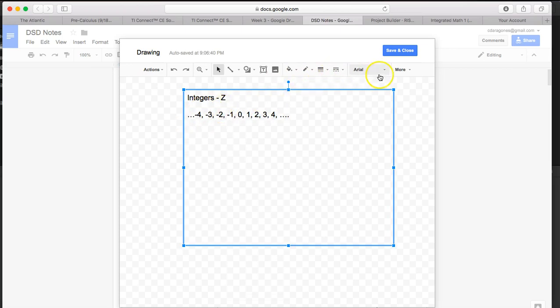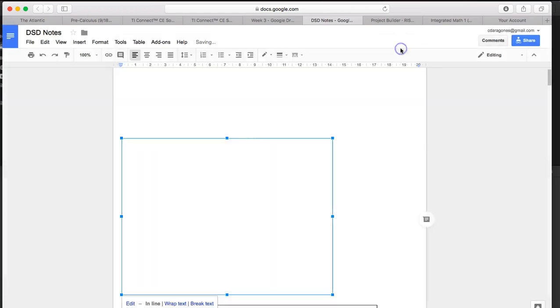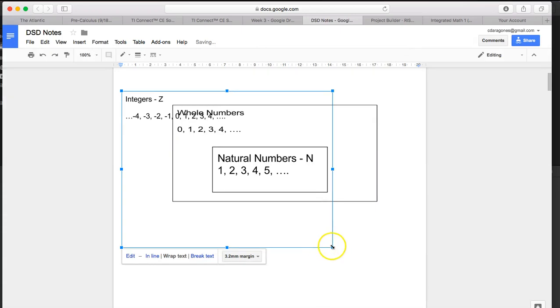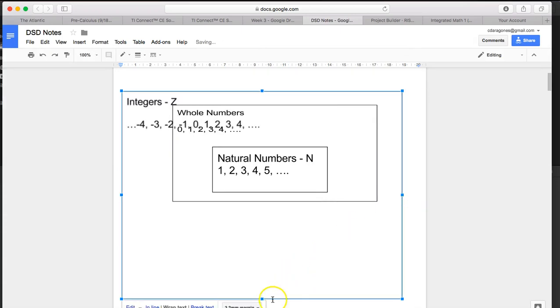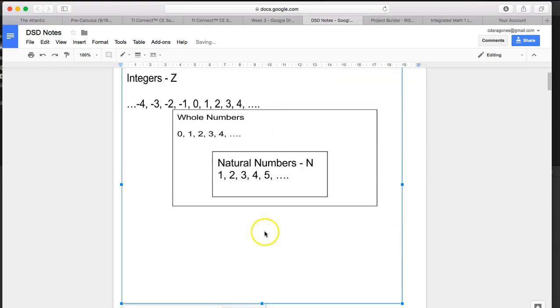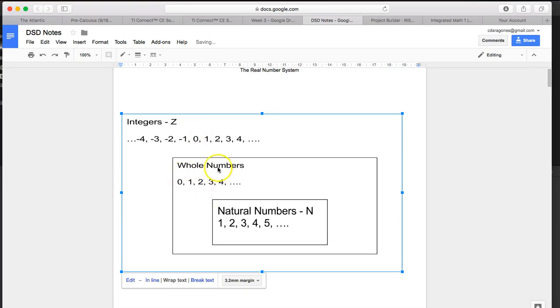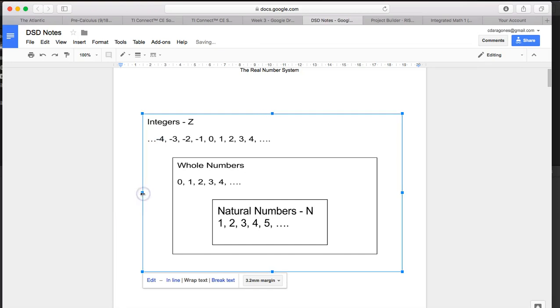So if you can see, whole numbers are just the positive integers, right? All these numbers in the whole number bucket also belong in the integers. 0 is an integer, 1 is an integer, but the negative numbers, -4, -3, are not in the whole number bucket, right?